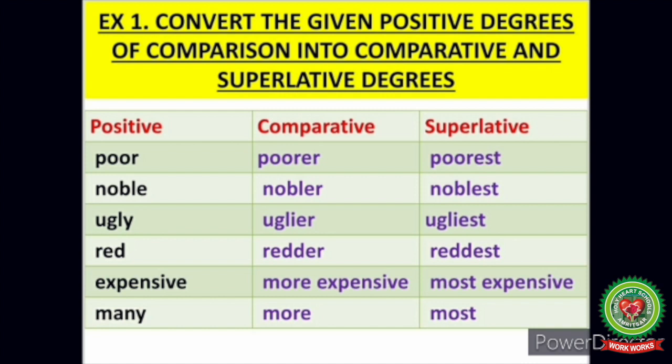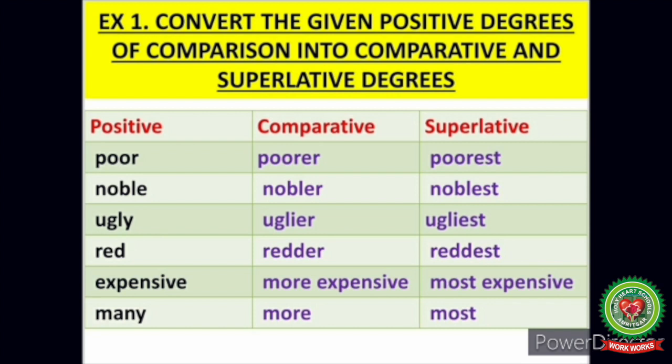Similarly, for ugly, it will become uglier in its comparative degree and ugliest in its superlative degree. Red will become redder in comparative degree and in superlative degree it will become reddest. Next is expensive.